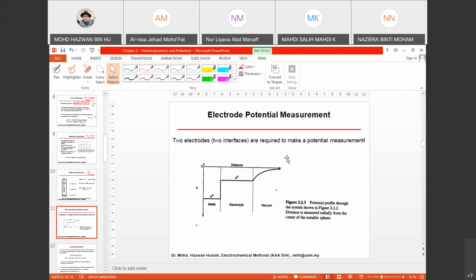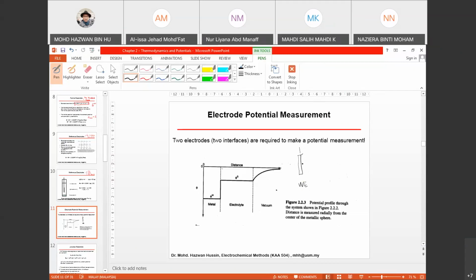All right. So the electrode potential measurement normally measures in the two interfaces. So what will be the interface? Remember that when you do any electrochemical process, your working electrode will be oxidized, forming electrons.